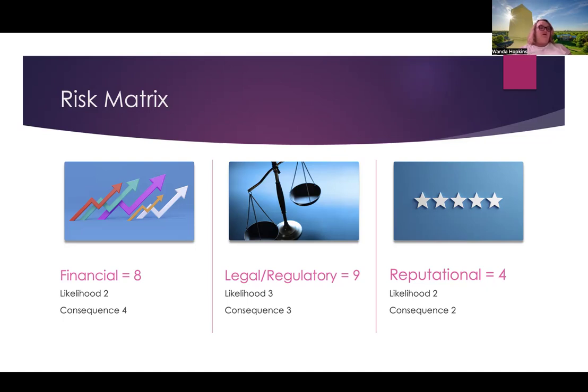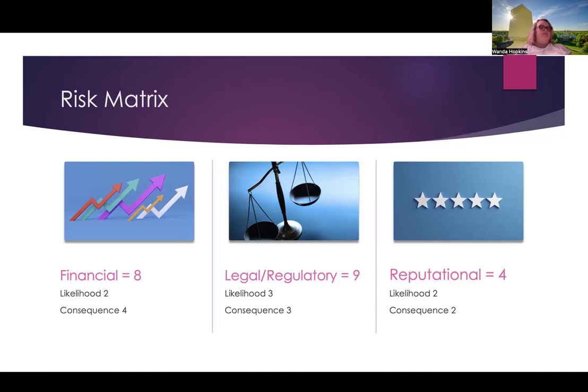But after controls were applied, the risk matrix can be reassessed. So it's an ongoing tool that you can use to project expected outcomes and then also reassess to monitor the controls and their effectiveness.